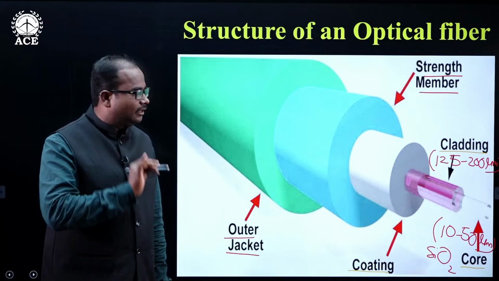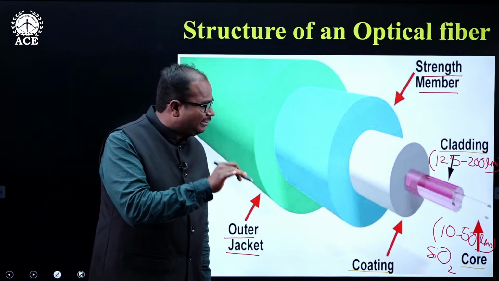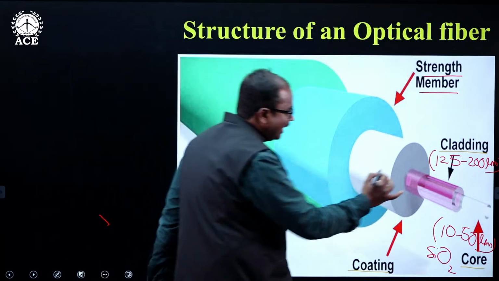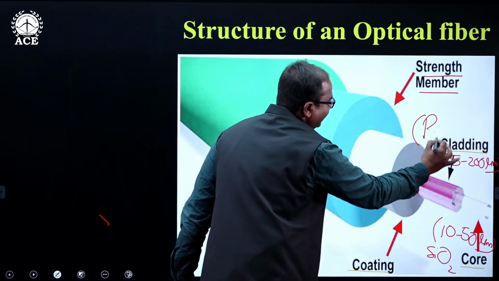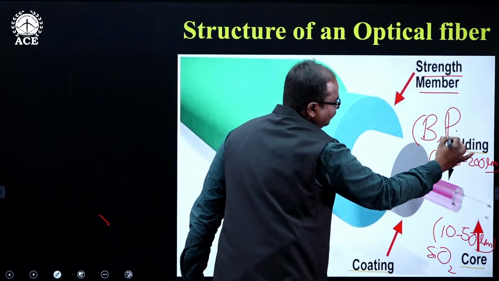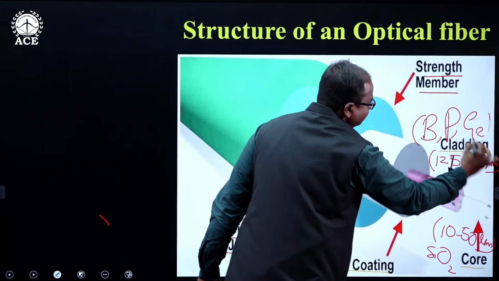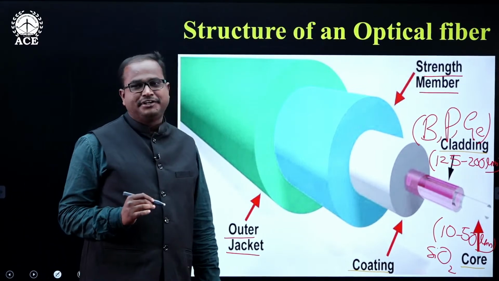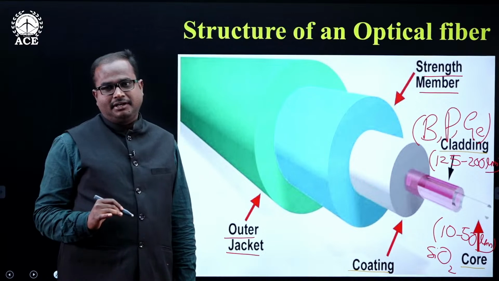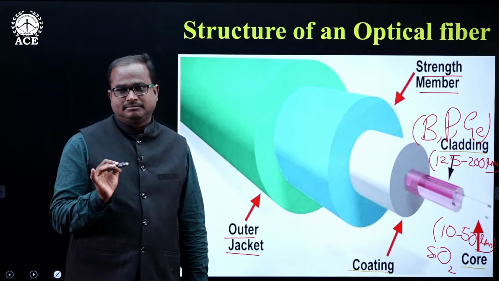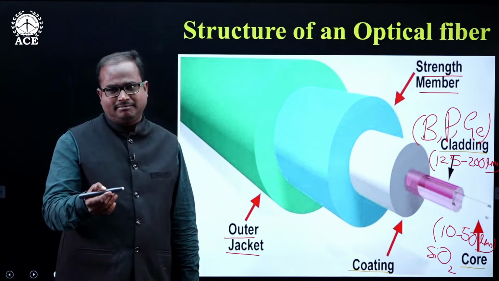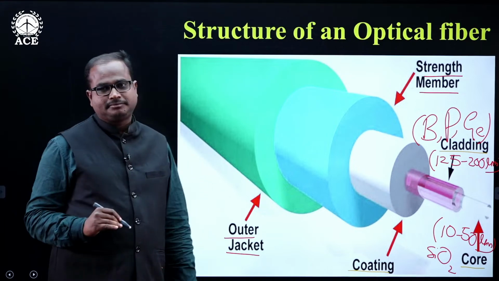So how do we make the refractive index of the cladding lower than that of the core? By adding some impurities like boron, phosphorus, germanium. If you add such impurities to the cladding material, you can make the refractive index of the cladding slightly lower than that of the core.